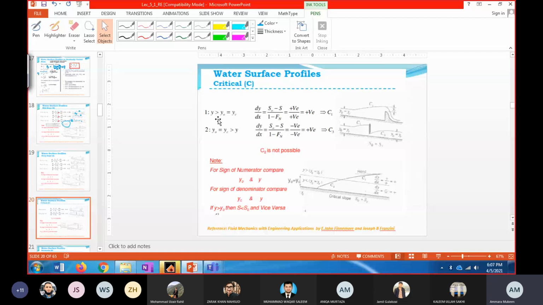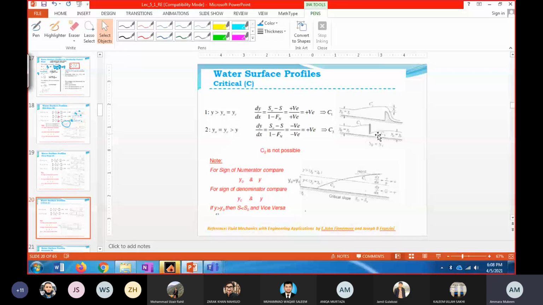So when the flow depth is greater than these two values, or greater than yc, there can be two scenarios: one, flow depth greater than yc, and the other, flow depth less than yc. That is why we'll have only two classifications for critical bed slope, C1 and C3.